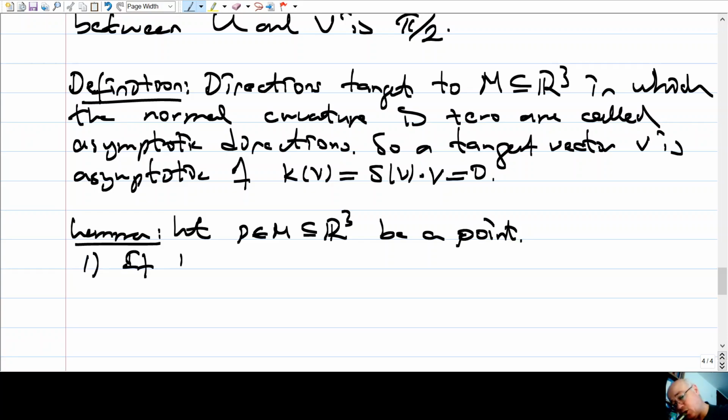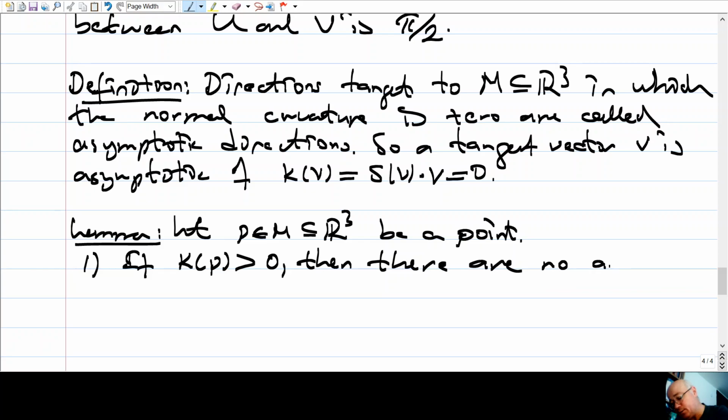If the Gaussian curvature is positive, then there are no asymptotic directions at P.